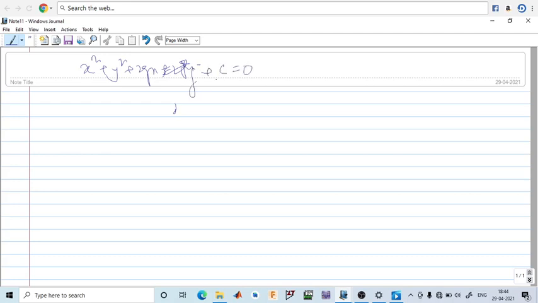C equals to 0, then at point (x1, y1) the equation of tangent will be xx1 plus yy1 plus, instead of 2x, it will be g into (x plus x1) plus f into (y plus y1) plus c equals to 0.